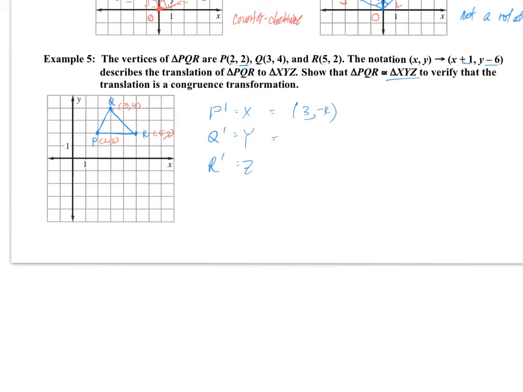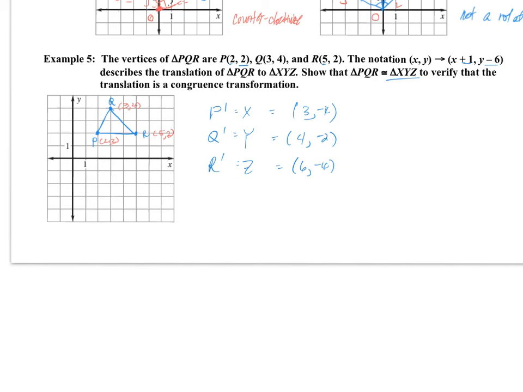And then 3 plus 1, 4. And 4 minus 6, negative 2. And then we have 5 plus 1, 6. And 2 minus 6, negative 4. And then we're ready to plot the next one.